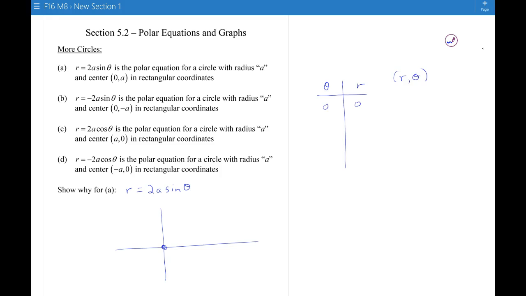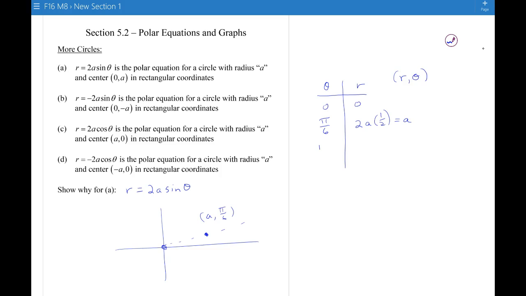Okay, so then again, let's use numbers that give us easy to plot points. So if we have theta is pi over 6, then the sine is 1/2. So we get a. So when my angle is pi over 6, I'm a distance a from the pole.